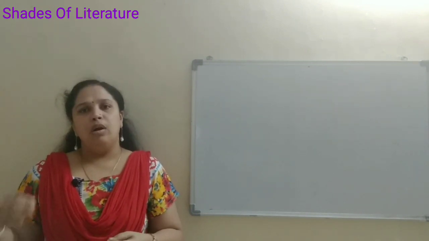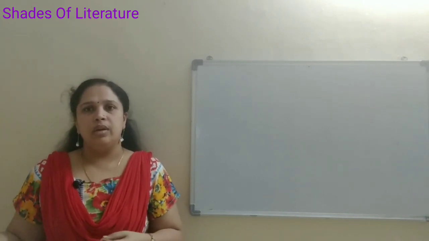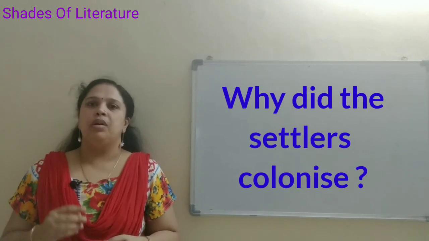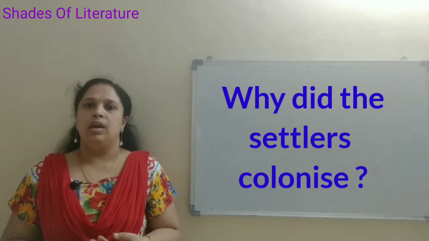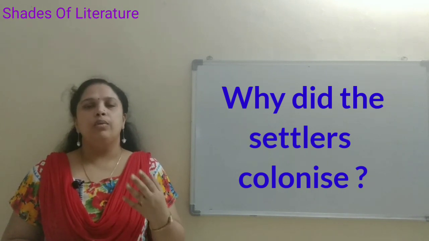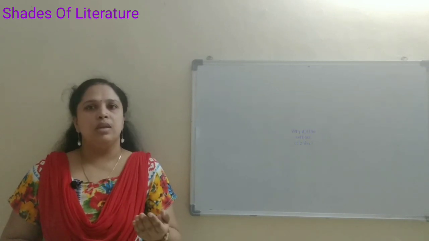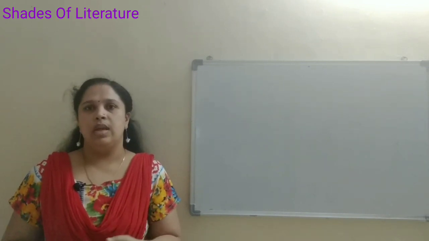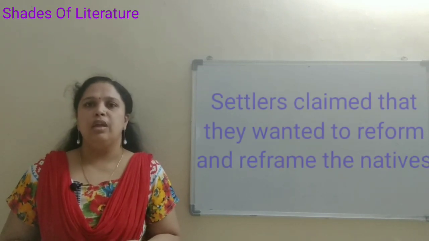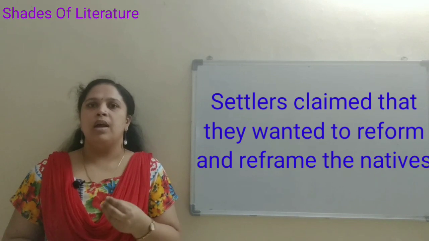And now what would this unrest lead to? This unrest would lead to another question. Why did the settlers colonize? This is the first question which you should keep in mind when you write something about colonialism. Why did they colonize? The answer was given by them to us, to the natives or to the inhabitants. The answer is this: they wanted to reform and reframe the communities into which they came as settlers.